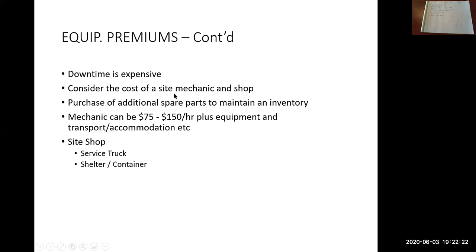Consider the cost of a site mechanic and or a shop. So determine what your needs are. If you've got a lot of equipment, maybe you need to hire a full-time mechanic and have them up on your job site full-time. Per my previous example, if your excavator broke down, it's a simple fix, but you can't get a mechanic for 2 days.